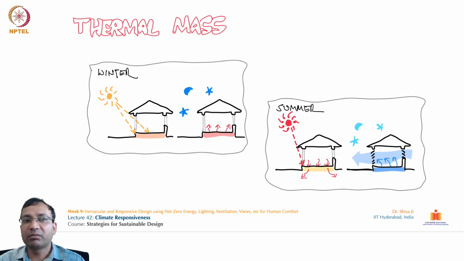You can see over here, this fiberglass insulation has the lowest thermal mass capacity of only 9.2 kilojoules per cubic meter Kelvin. And if you see, water has the highest capacity.